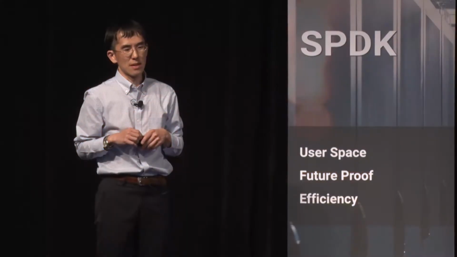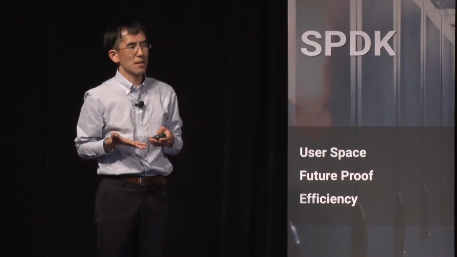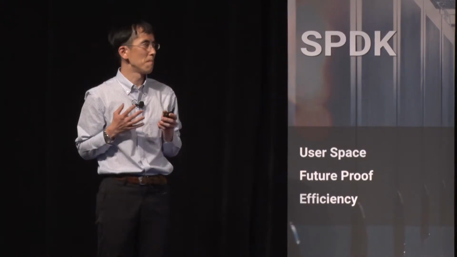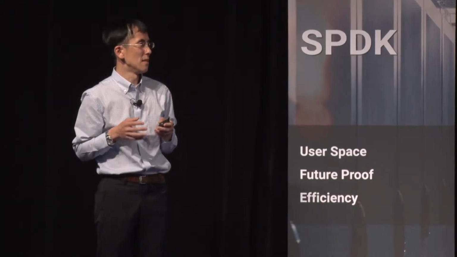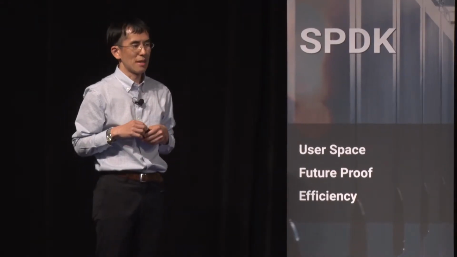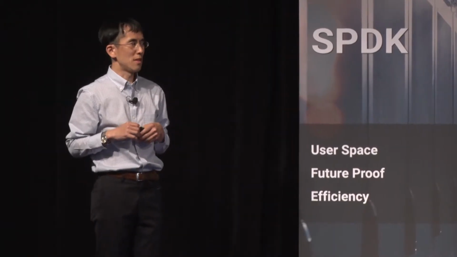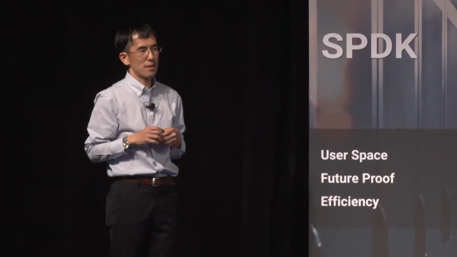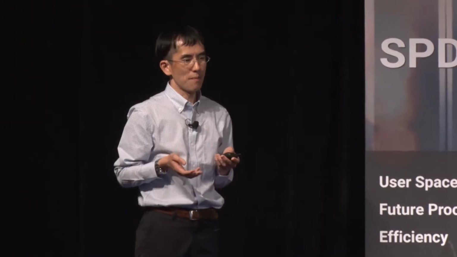By using ISA-L, we could get 100 times better performance than the old loop method. So we use ISA-L to achieve enough performance in the feature.